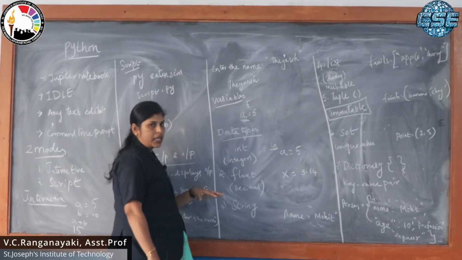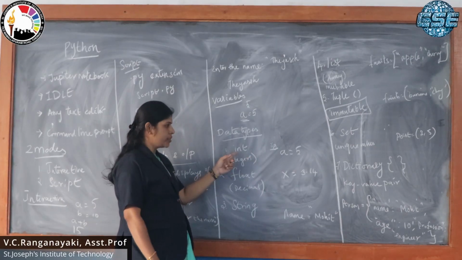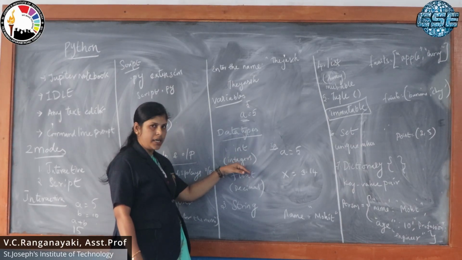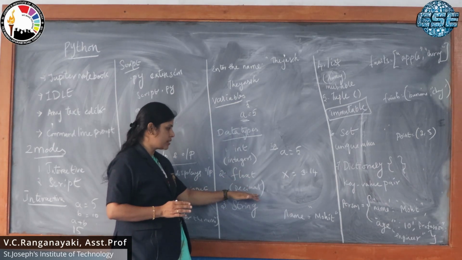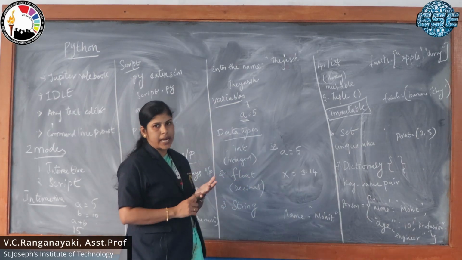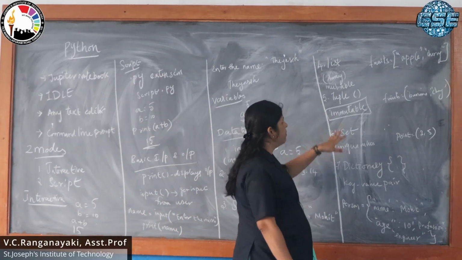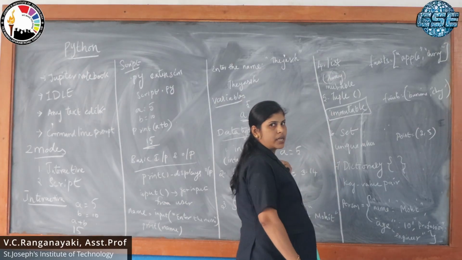Okay, let's recall it first. We have 7 data types. First one is integer. All the integers come under this category, int. Second one is float. All the decimal values come under the float type. And string, for characters and strings, for both we have the string type. Next is list. These things are new, these things we already know.